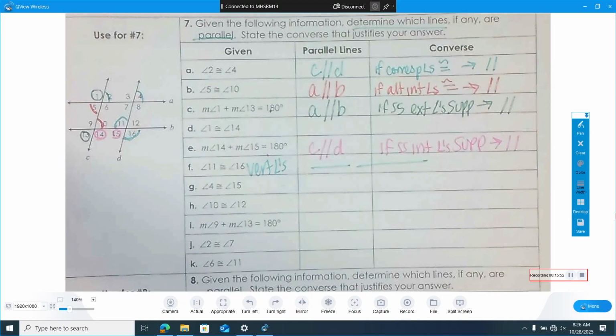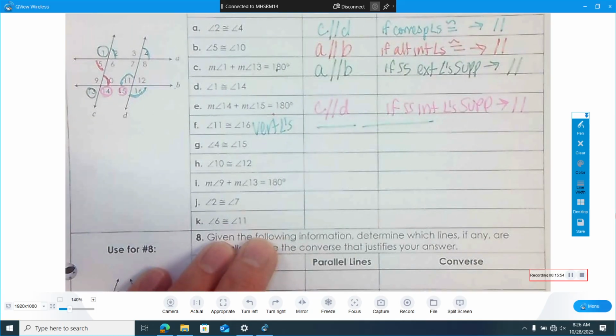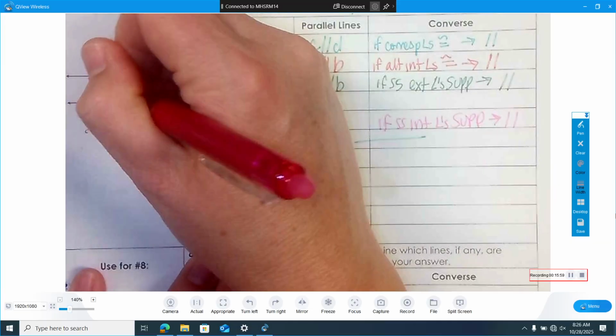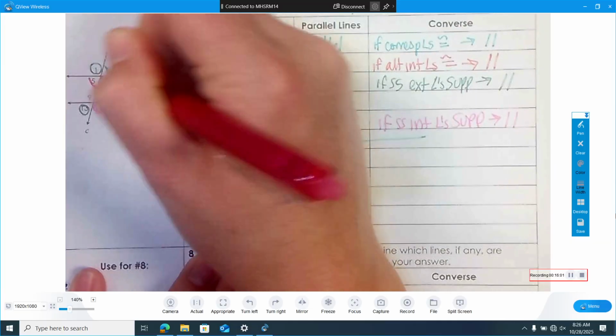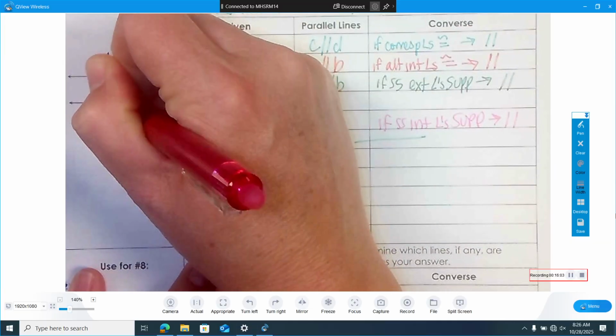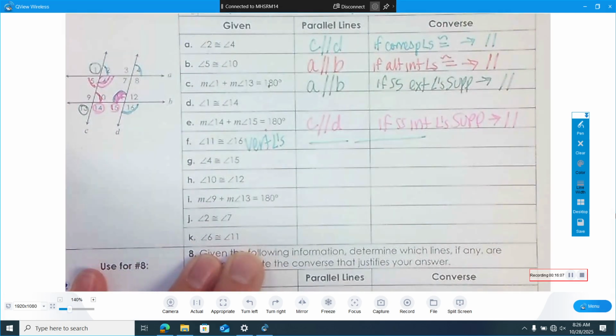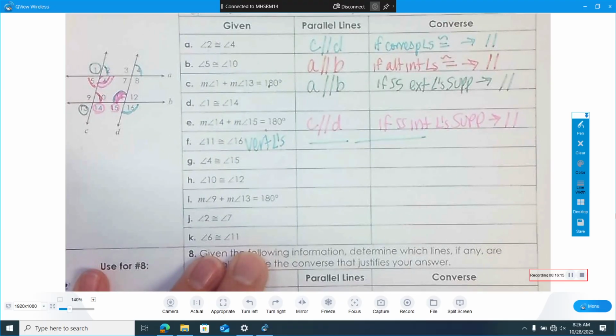All right, what about angle 6 is congruent to angle 11. Angle 6 is congruent to angle 11 here. Tell me about those. It would be alternate interior.